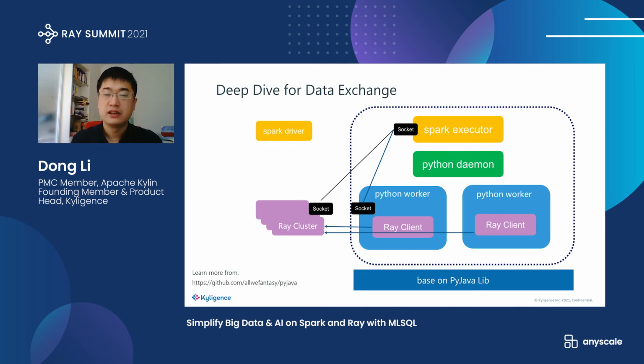So from here, let's talk about the technical deep dive. How does Spark send the data to Ray and then get back the result? We talked about the processes inside the Spark executors before. Each process can launch a socket server to exchange data, and the data format we use is Apache Arrow, a very efficient columnar format.